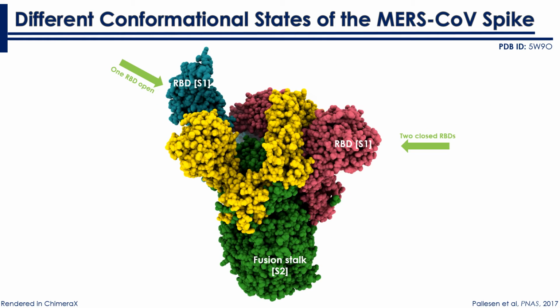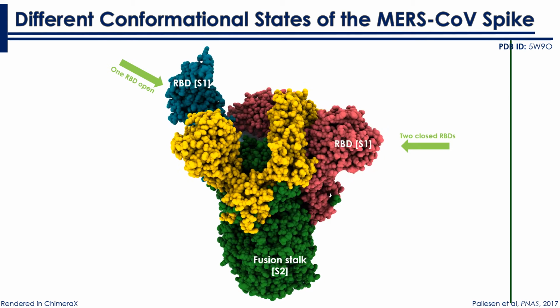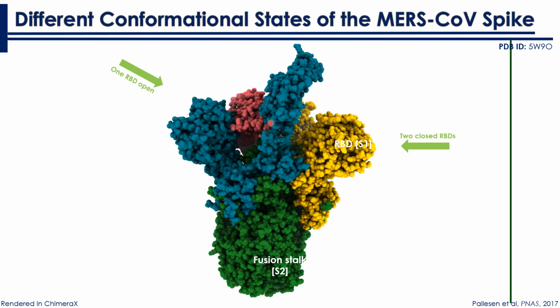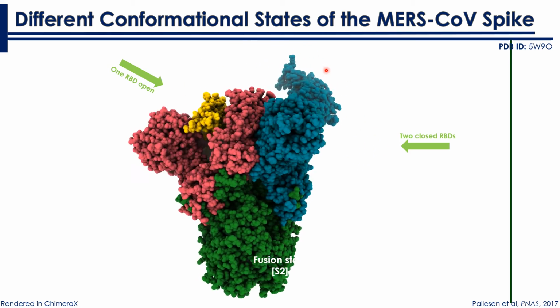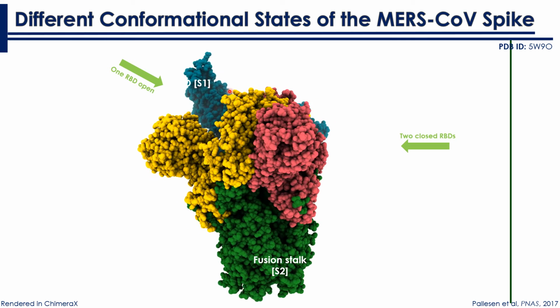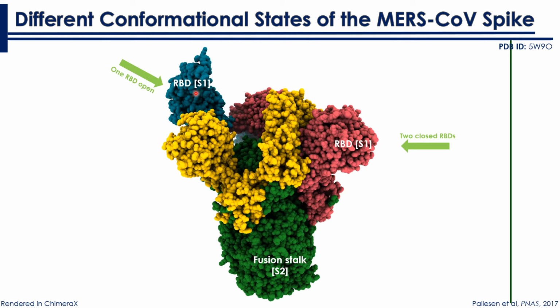Like in the previous slide, all three RBDs were closed. However, here you can see this blue RBD is open, and if you compare this blue one to the yellow one and the red one, you can appreciate that the blue RBD is open, and the sites that can bind to the receptor are now exposed.